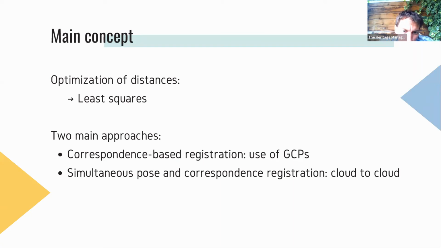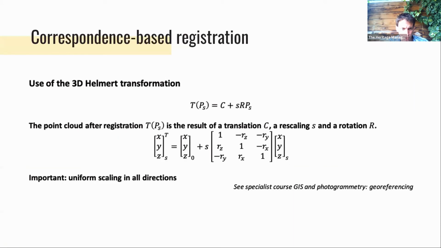We can use the correspondence-based registration, and this is where we will use ground control points and or targets, or we can use simultaneous pose and correspondence registration, which is a cloud-to-cloud registration where we will just iteratively fit one cloud in another and continue that process until a certain optimum is reached. And these two approaches are something that I will demonstrate in the coming two demos.